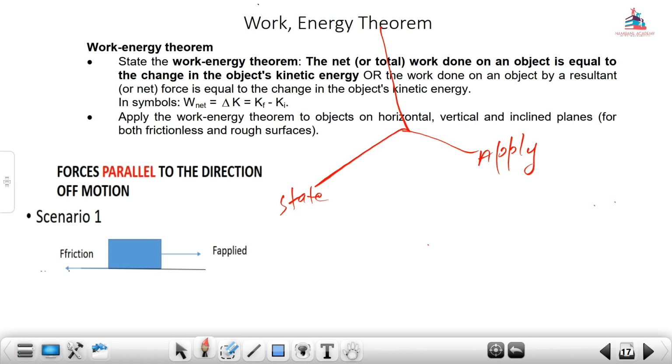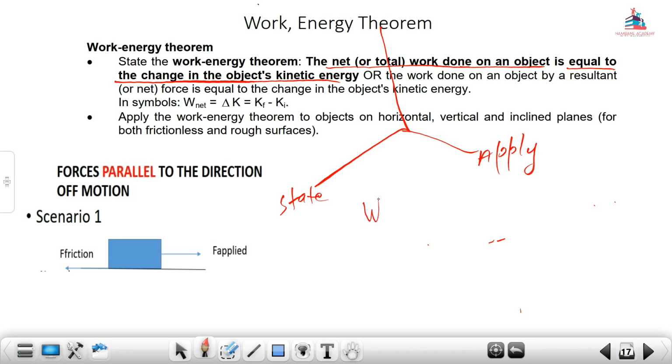It says the net work done on an object is equal to the change in the object's kinetic energy. It doesn't need rocket science to understand exactly what they are saying.